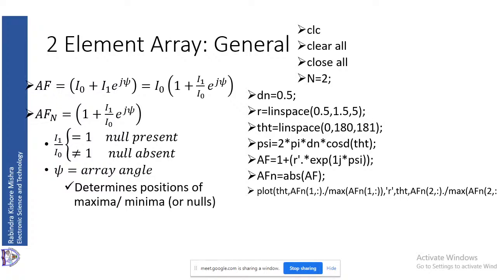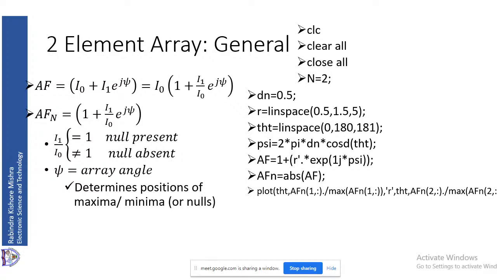So that is a colon. If you give colon, it will take all the elements in the array. So array factor is a 1 cross 180 element array, and we take the first row of those elements, divided by the maximum of array factor of that value.